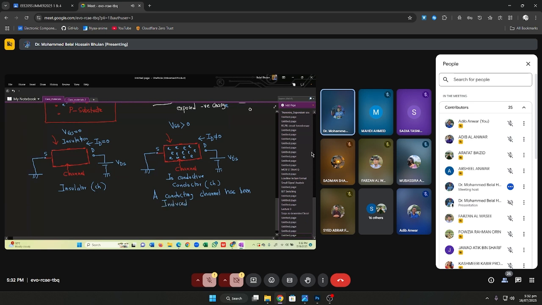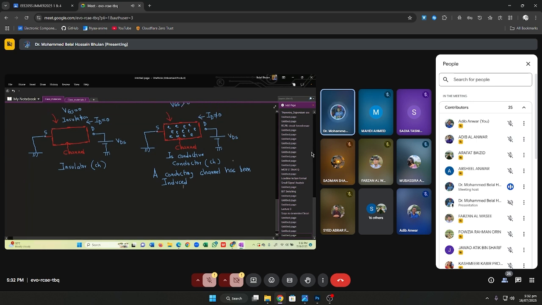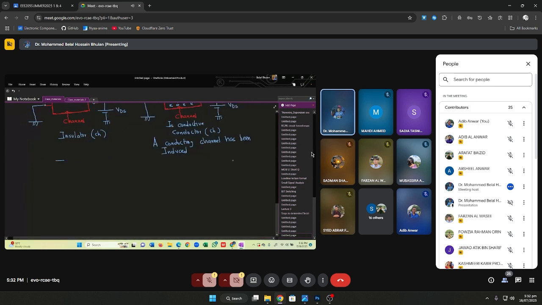It's like magic. I have the ability to change the conductivity of a region. In terms of circuit, it's like an open circuit. Source, drain, and here it's like a normal circuit.